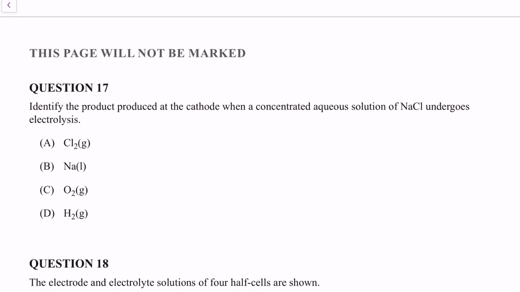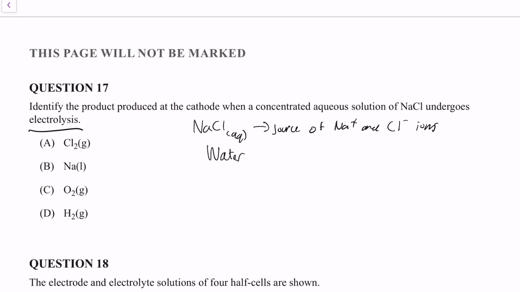Right, so what we have is an aqueous solution, so we put the state of matter there, and it's basically a source of Na+ and Cl- ions, right? Now water, which is present in electrolysis, at the cathode as well, can also be oxidized and reduced.